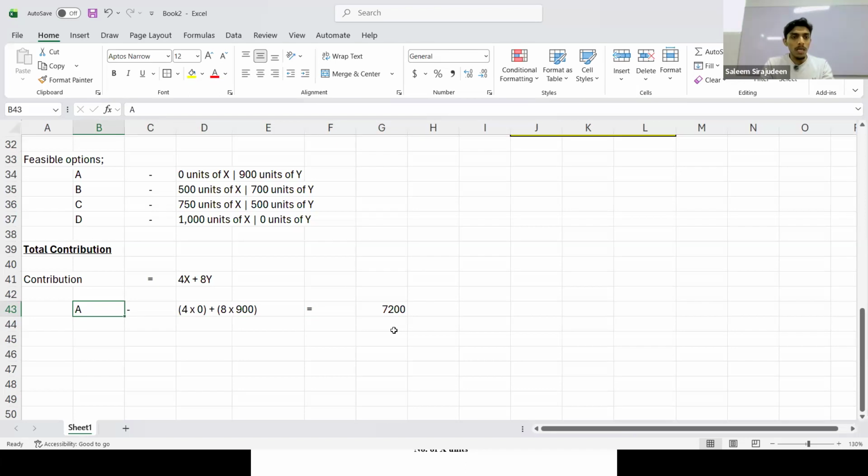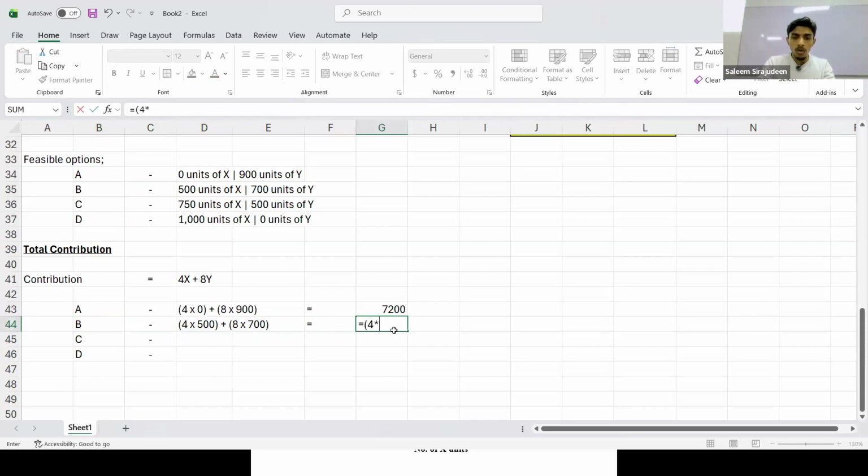Okay. At the point B, how much? 4 into 500 plus 8 into 700. It is 7,600. Correct?